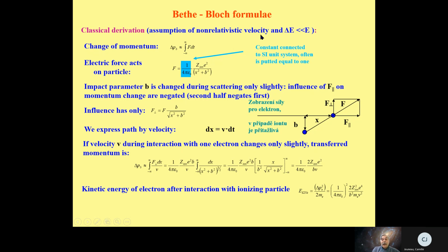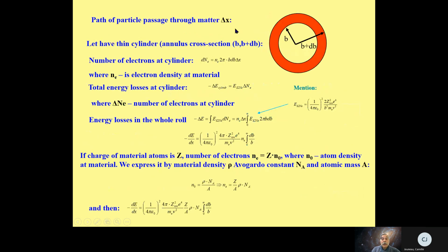We expect again a non-relativistic approximation, so it's possible to use the non-relativistic formula: momentum squared divided by 2 times rest mass. Fine. We put this here, and we obtain the kinetic energy of the electron which was given by one ionization, one interaction with the given impact parameter. Okay, fine. We will look here.